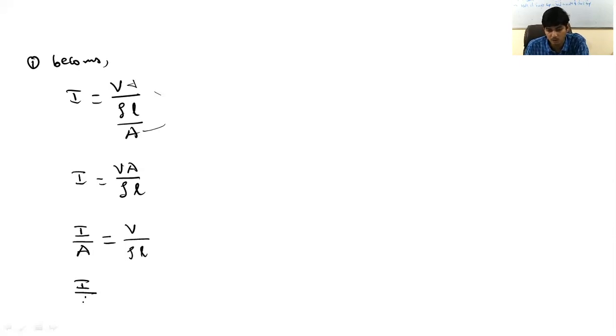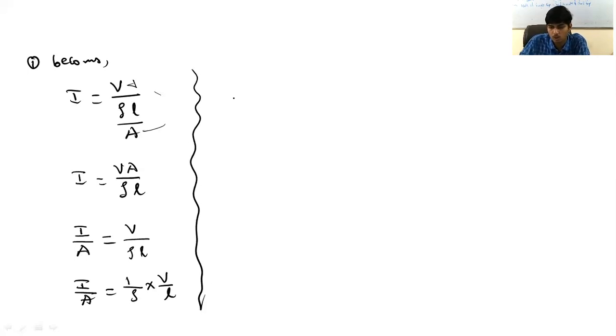I by A is equal to V by rho L, which you split as 1 by rho into V by L. 1 into V is V, and rho into L is rho L, so V by rho L should be split as 1 by rho into V by L. Now, we know I by A is equal to J, called current density. 1 by rho is equal to sigma, called conductivity.